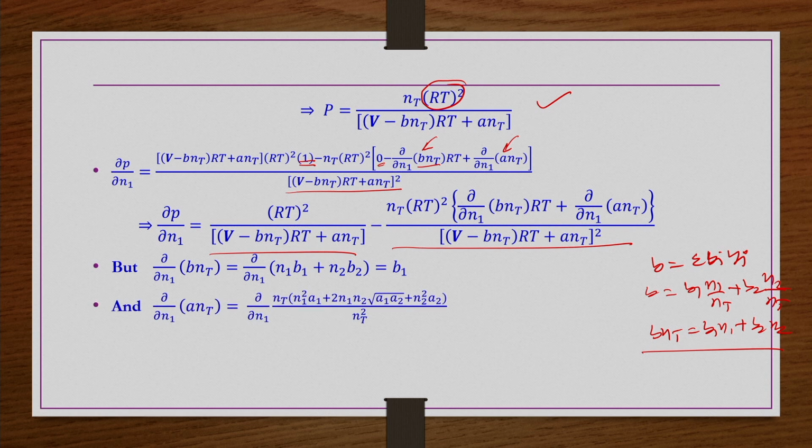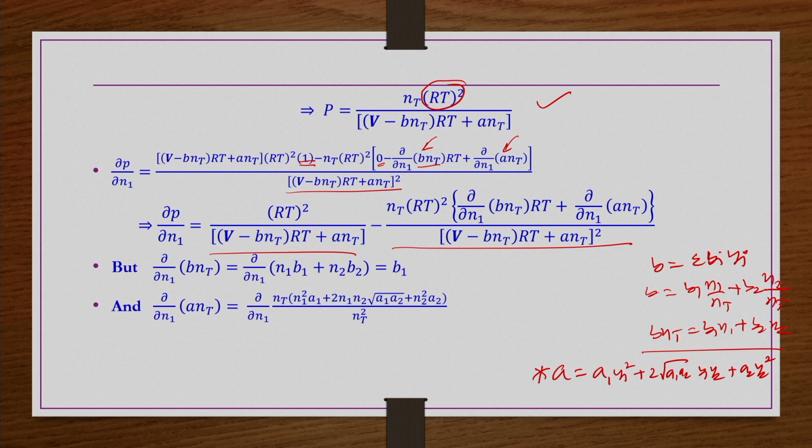Similarly, for dou by dou N1 of A NT, we have used A for the mixture equals A1 Y1 square plus 2 square root of A1 A2 Y1 Y2 plus A2 Y2 square. We have to use this because the same mixing rule we used when we did the same problem using the volume explicit form.